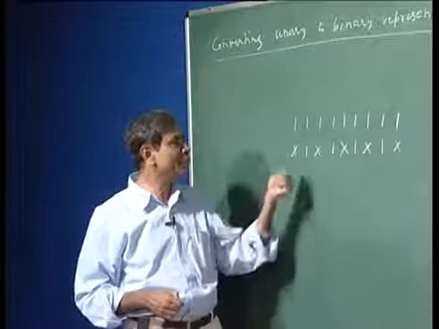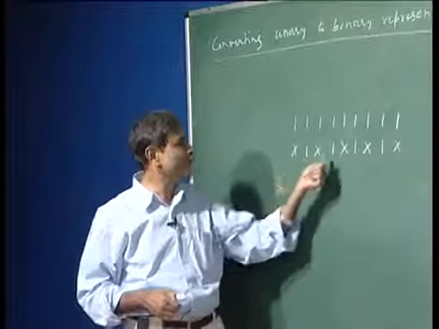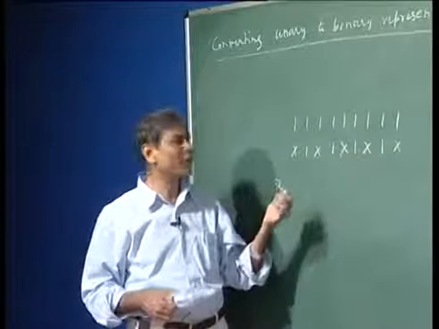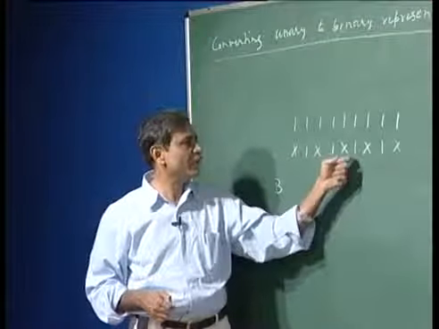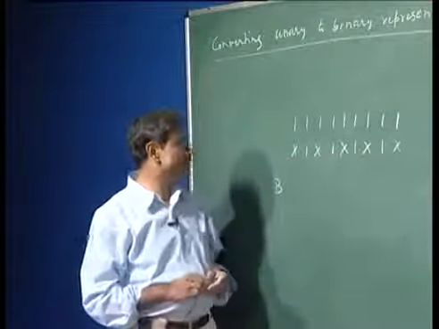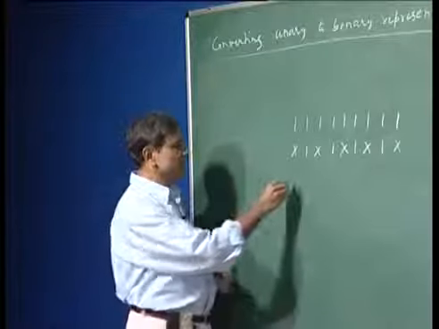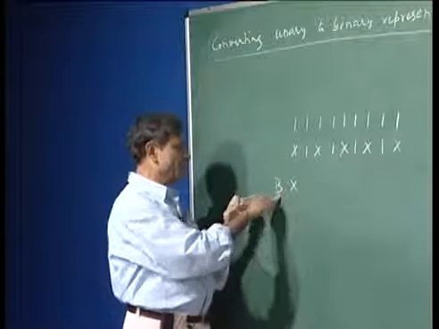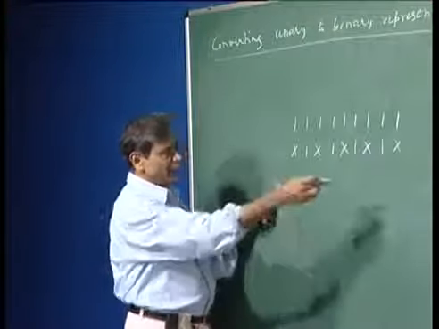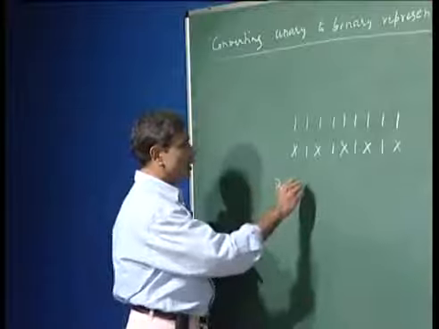But you see the way we have done it, the number of ones which are left in this block, if you ignore the crosses, is indeed the result of the division. So, for the next iteration, suppose you write this B, that is the remainder of the division by 2, and you had this.